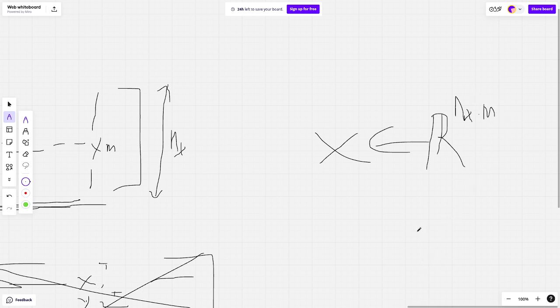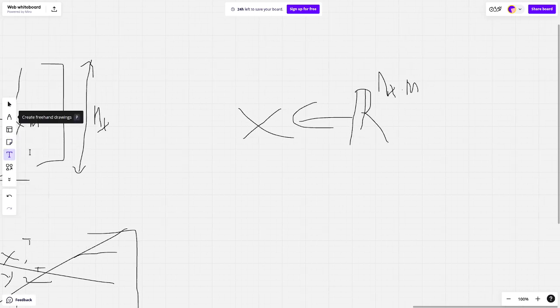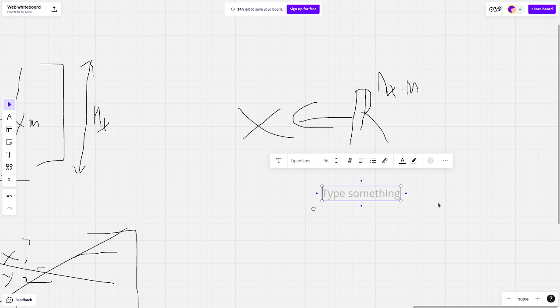We can write that in Python as X.shape equal to nx times m.